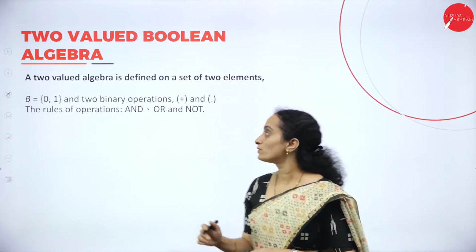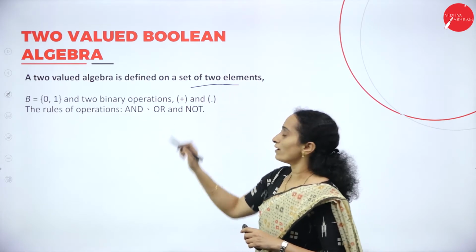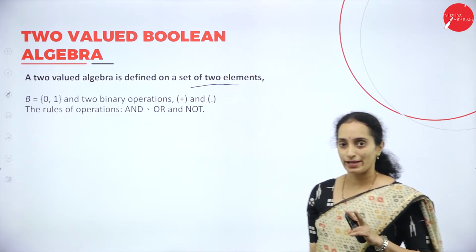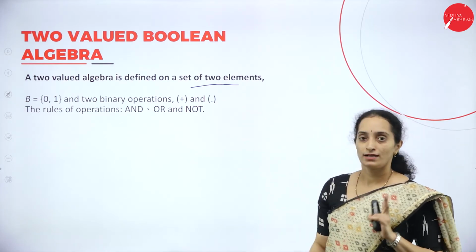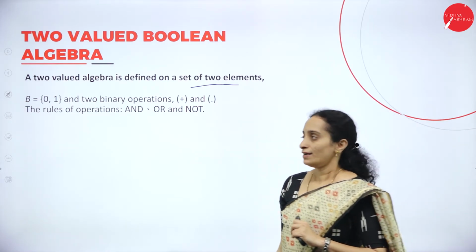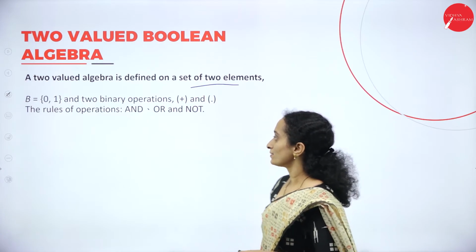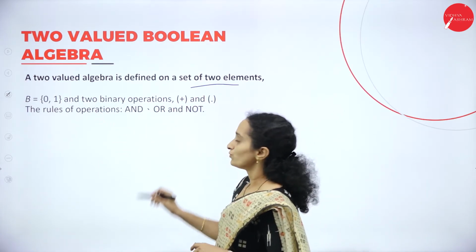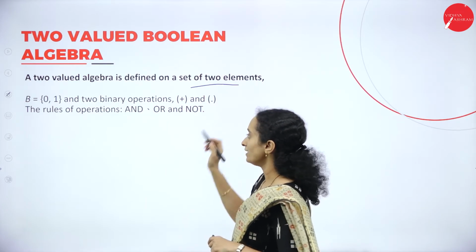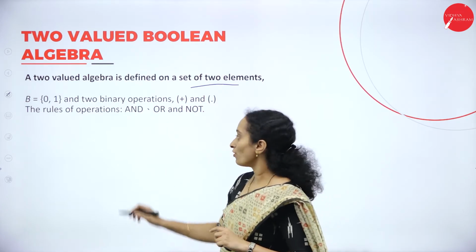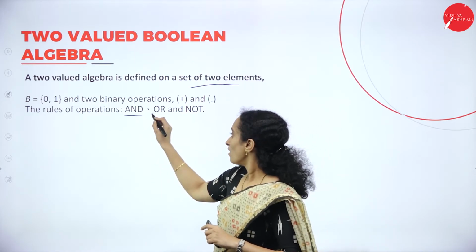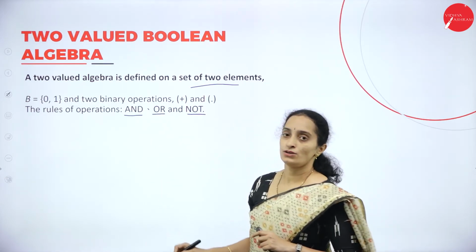A two-valued algebra is defined on a set of two elements. Again, we need two elements to operate the Boolean operators, so they are 0 and 1, and two binary operations, plus and multiplication. The rules of operations are AND, OR and NOT.